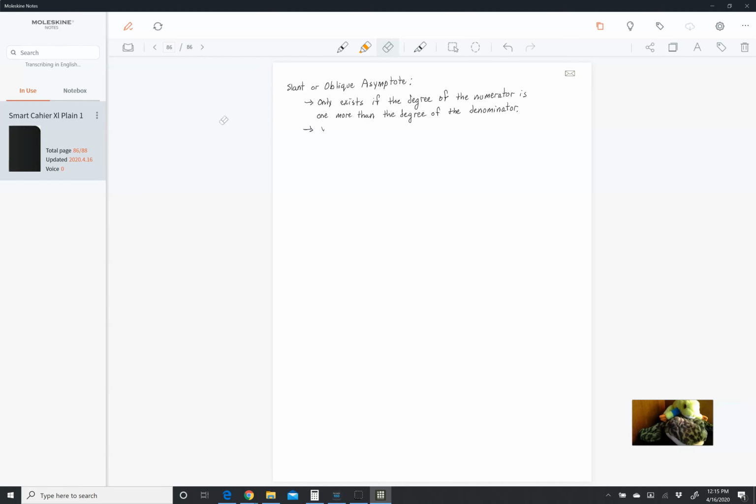And you can't have both a horizontal asymptote and a slant asymptote for the same reason, that it wouldn't be a function. You can see it from what we just wrote.